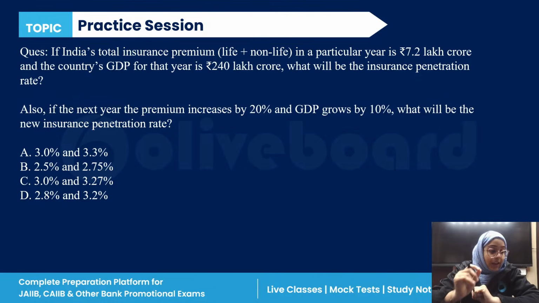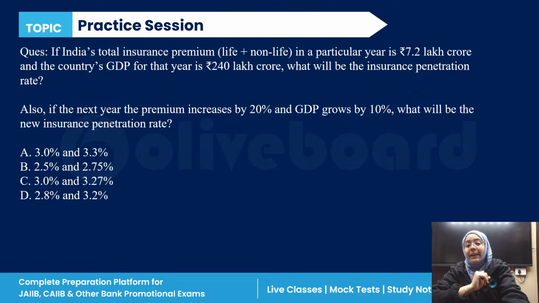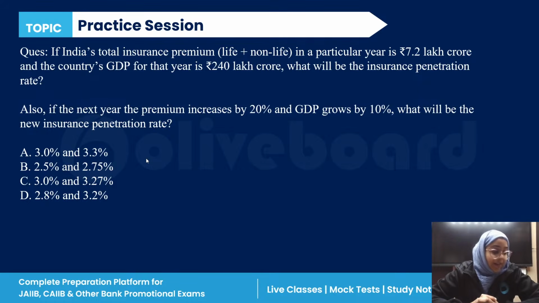First of all, just tell me the formula of insurance penetration, and then try to solve it. It's very easy, very simple, nothing complicated. Please answer. Calculate and answer, everyone.